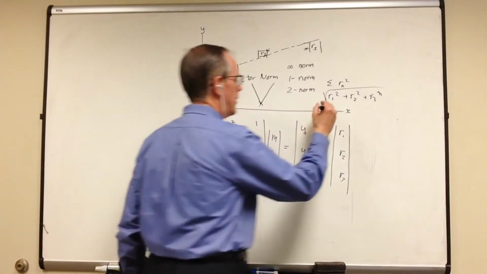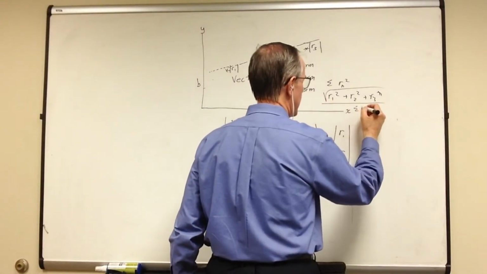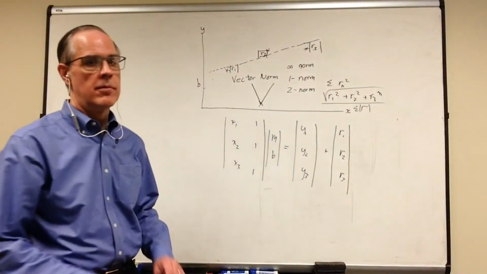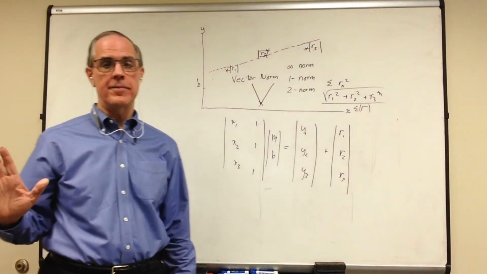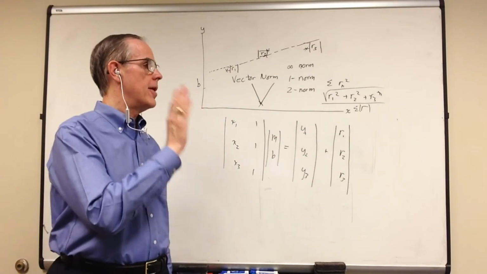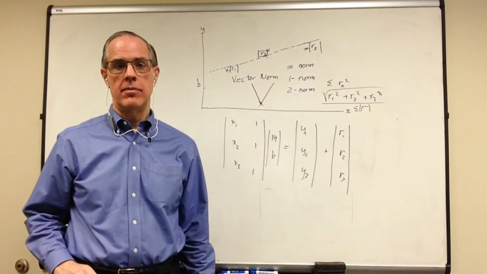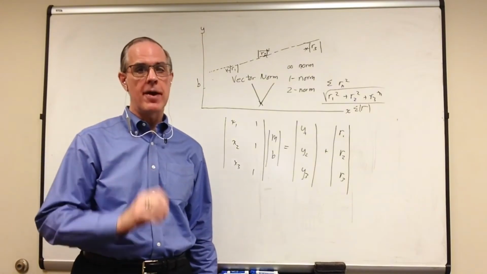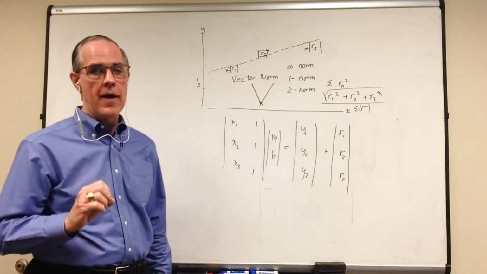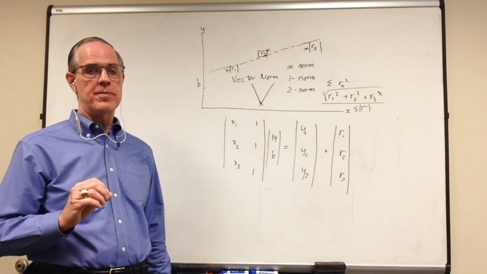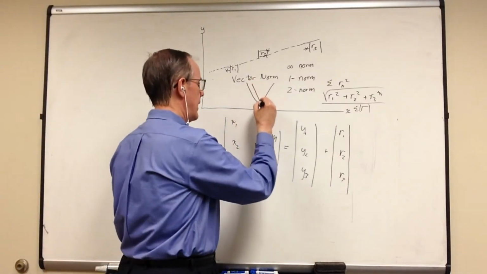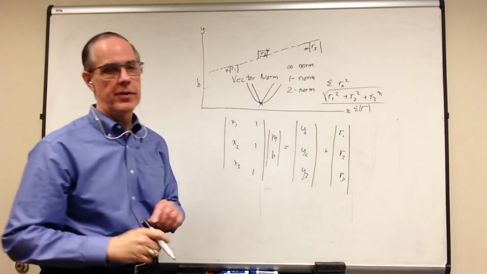And sometimes I'll divide it by the summation of the absolute value of R or whatever. But any way you slice it, it's the sum of the squares of the residuals, and I'm going to try to minimize the sum of the squares. Instead of that point being a V, it looks like this. It's differentiable at that point.